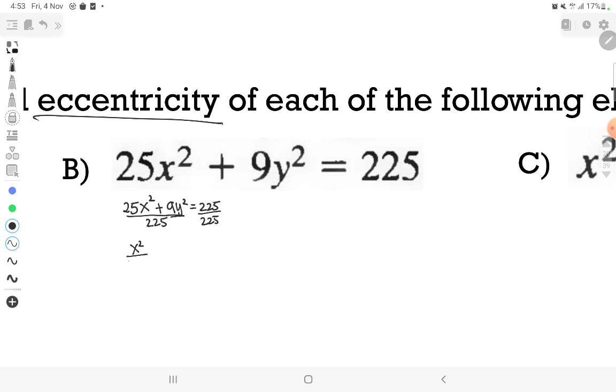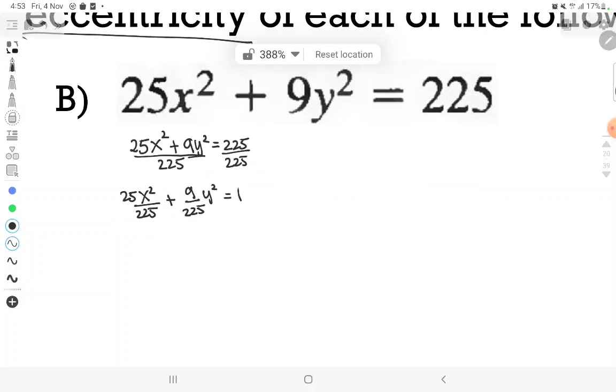x squared divided by 225 multiplied by 25 plus 9 all over 225 y squared, which is equal to 1, or we can write this as x squared divided by 225 all over 25 plus y squared divided by 225 over 9, which is equal to 1.